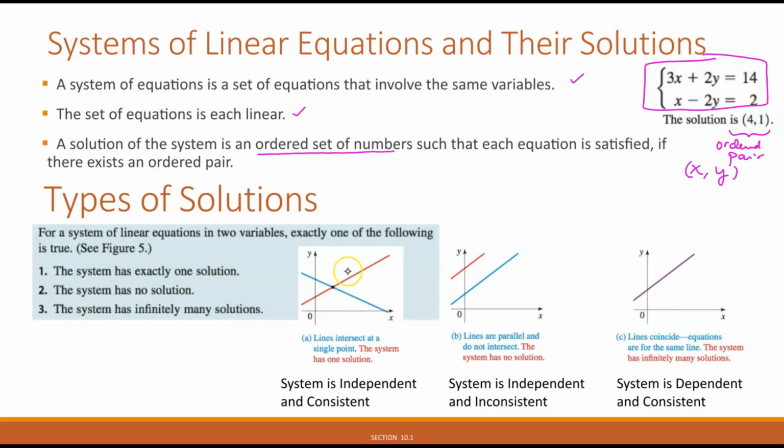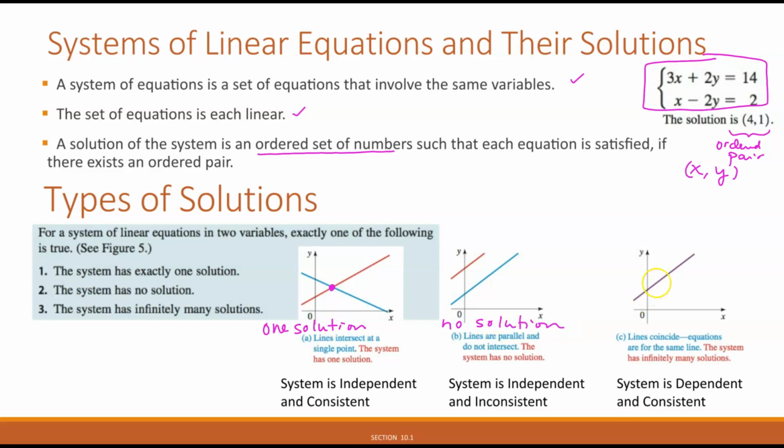Now, since we are graphing two lines, there's a graphical interpretation for solving this system. We can end up with exactly one solution, meaning that if we were to graph the two lines, they intersect once. If we graph the two lines and they don't intersect at all, that would be no solution.